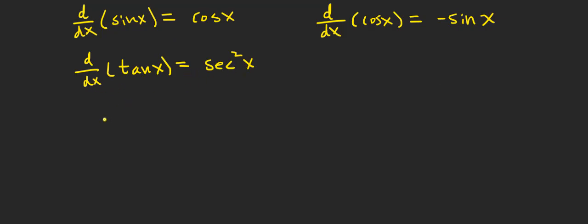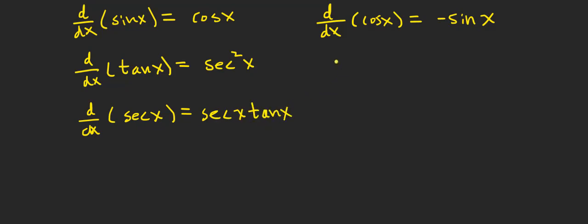What about the derivative of secant x? Using a similar method, change secant x to 1 over cosine x, apply the quotient rule, and you end up getting secant x tangent x.